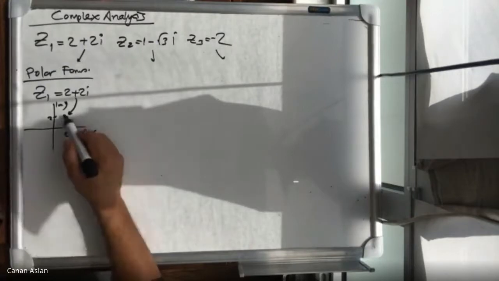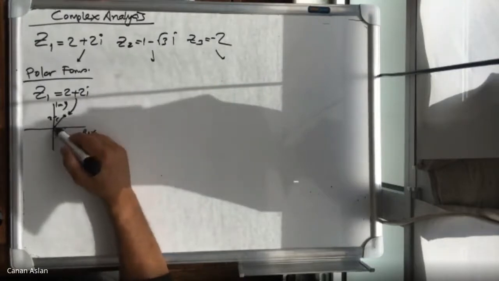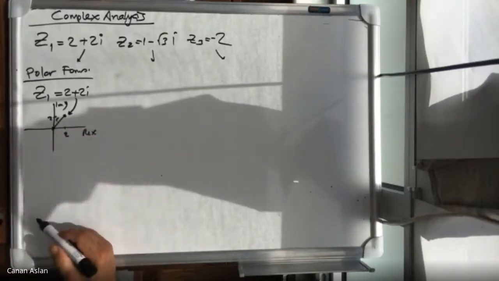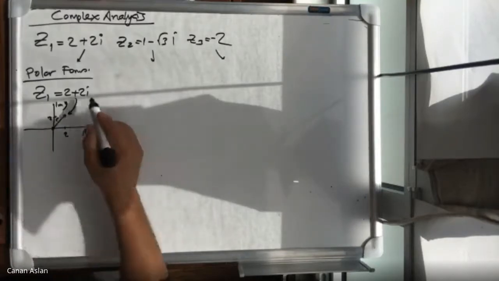Now I would like to get this in polar form. Actually, you have to get the radius r and also this angle theta, right? So r is the length of the vector that is drawn from the center to the point here. How can we get this? It's very simple.